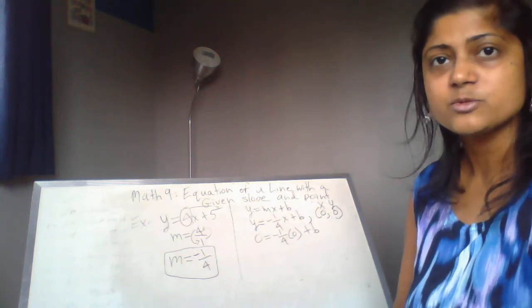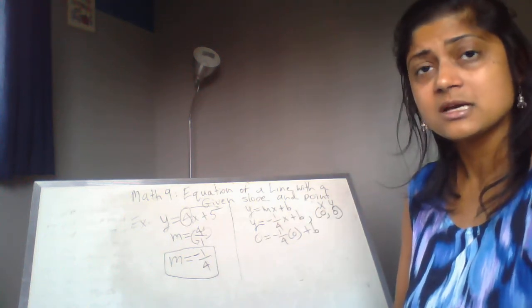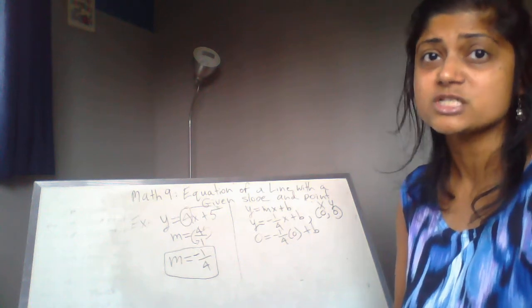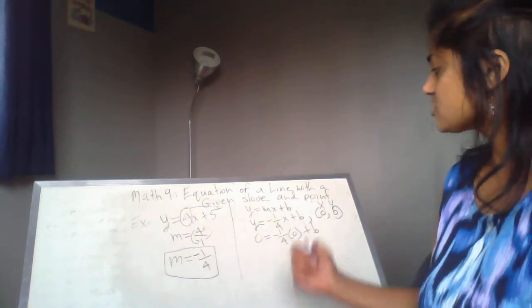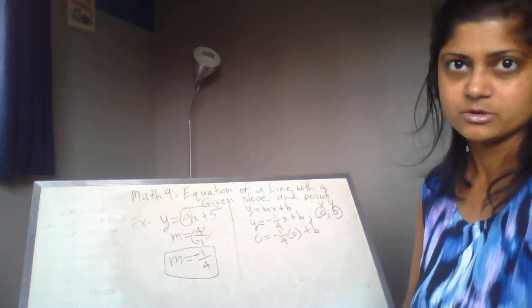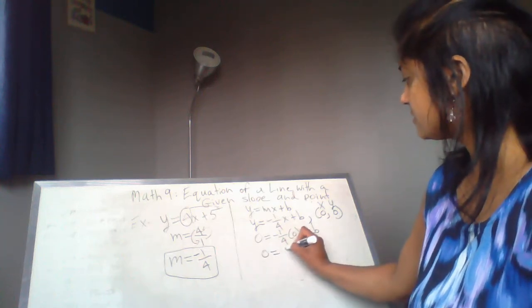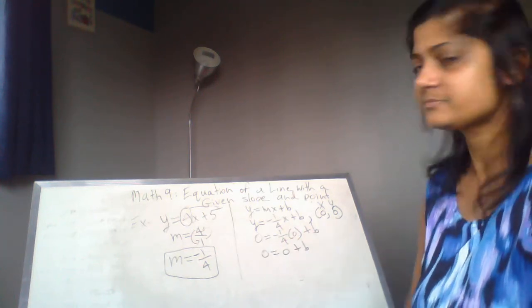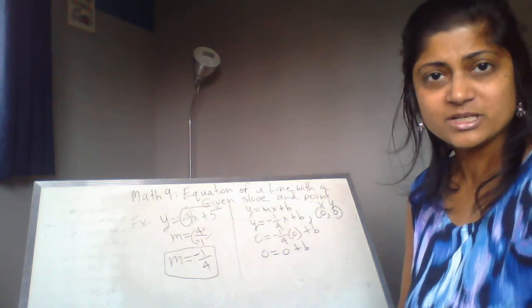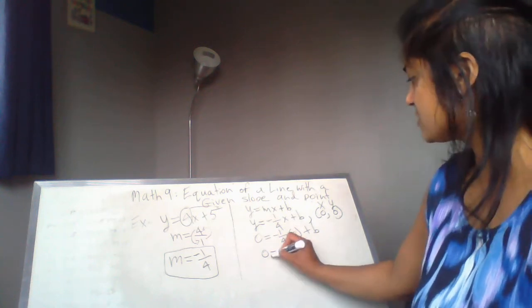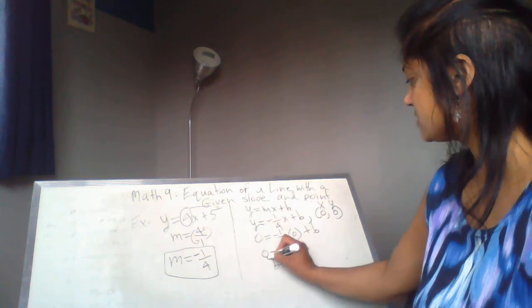So remember, every time you're doing questions like this, I'm always solving for the b value, which is the y-intercept, okay? So negative 1/4 times 0 is 0. I basically end up with 0 equals 0 plus b, okay? And then you notice here, basically, the value for b is just going to be 0. So I'm going to put b equals 0.